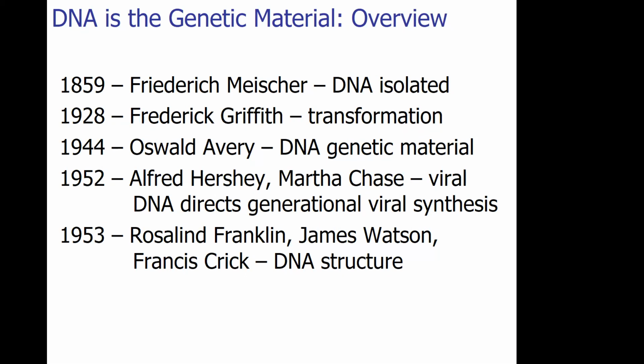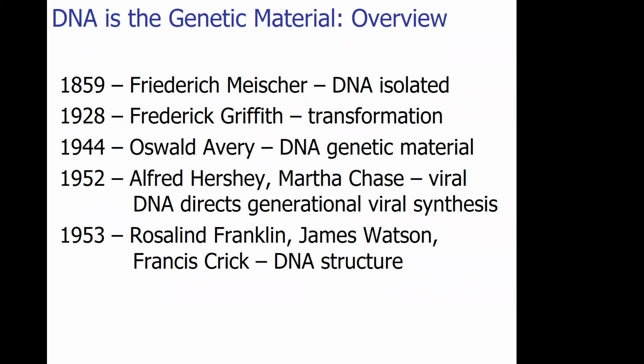Alfred Hershey and Martha Chase were bacterial geneticists and bacteriophage geneticists. They came up with the idea of radioactively labeling the components of bacteriophage by treating bacteria with the radioisotopes.